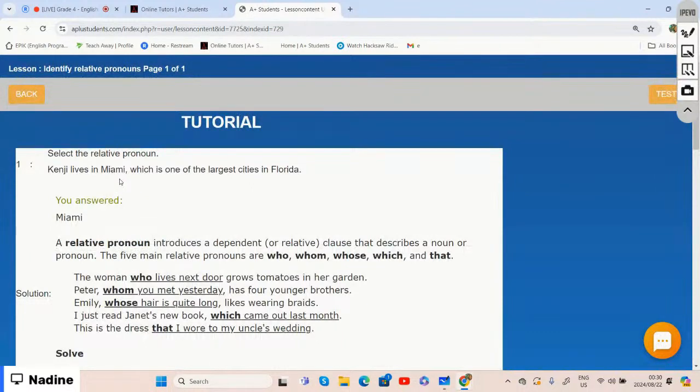Remember, we also said that the relative pronoun introduces a dependent clause, or a relative clause, and it describes either a noun or a pronoun, which means that if you identify the relative pronoun, then you should also identify the dependent clause within that sentence.